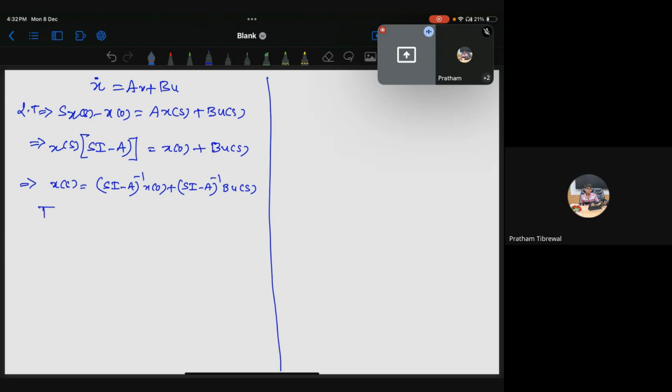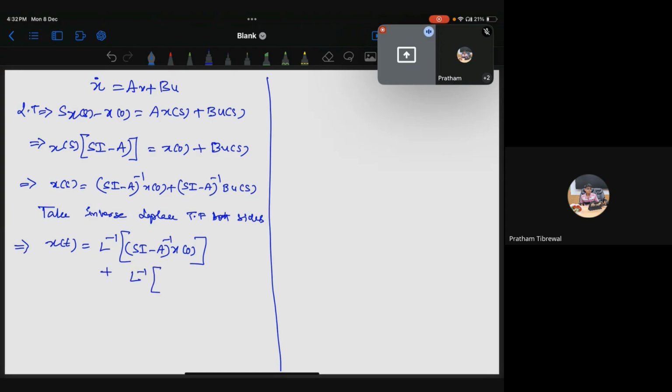Okay, so take the inverse Laplace now, on both sides. What do we get? Here this will be x of t. This will be L inverse of (sI minus A) whole inverse x of 0 plus, second term, L inverse of (sI minus A) whole inverse B U of s.